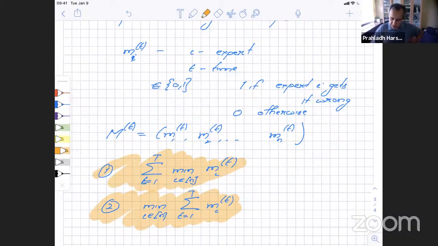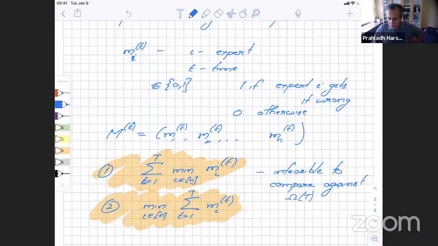I want to say this is more or less infeasible to compare against. That is, I can come up with schemes where there'll be at least an omega T additive difference between the errors any algorithm can make versus if I compare against this.